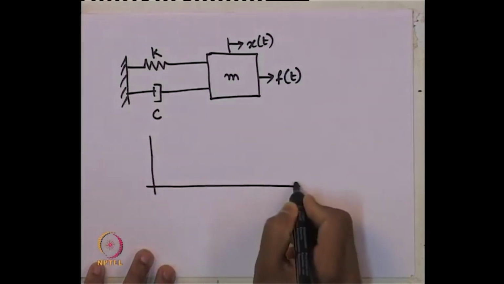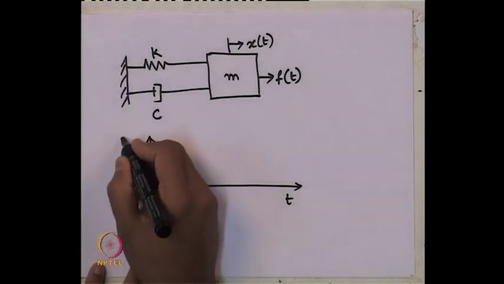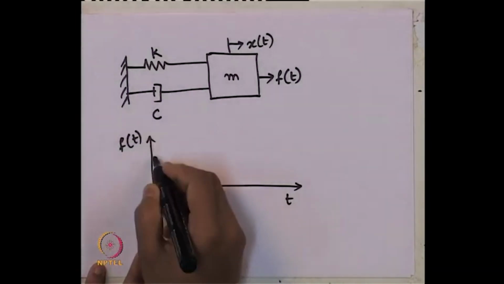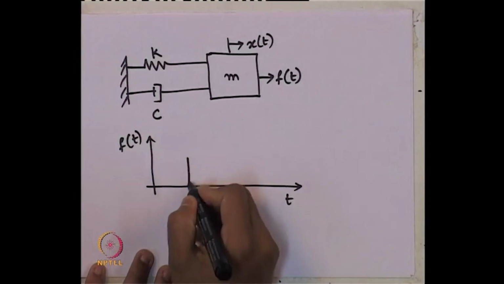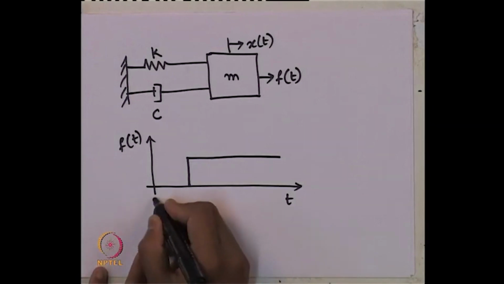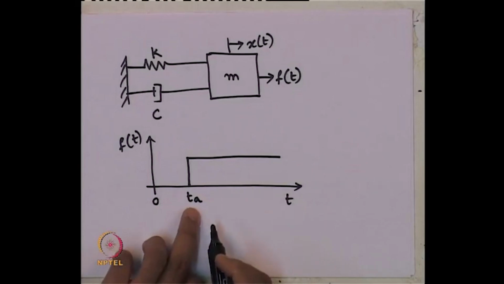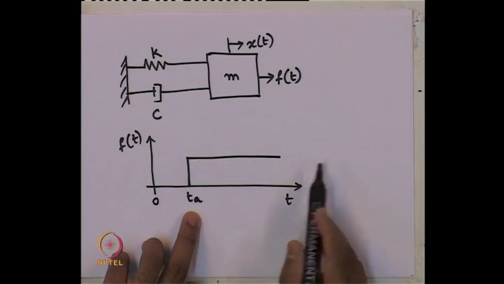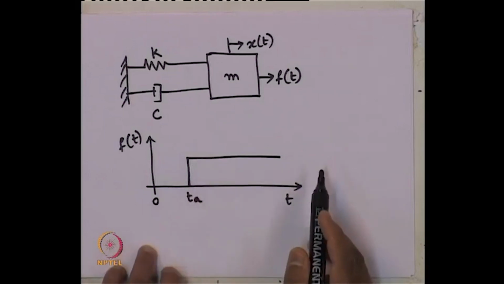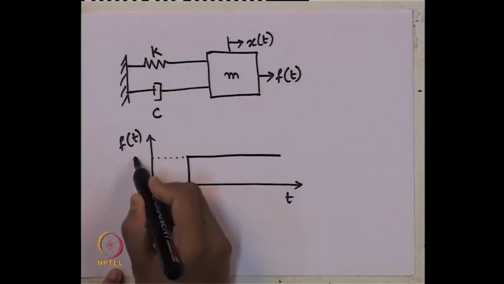Let us say we define f of t as something like this. What does it mean? The forced vibration starts at time t a, and then it maintains a constant value with respect to time, and let us say the magnitude of this is unit magnitude.